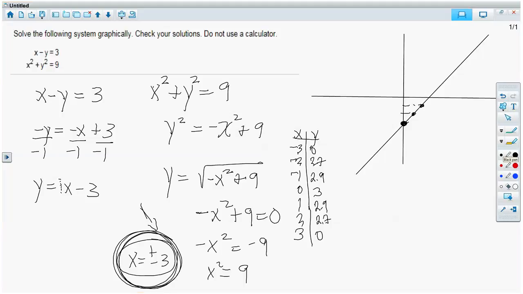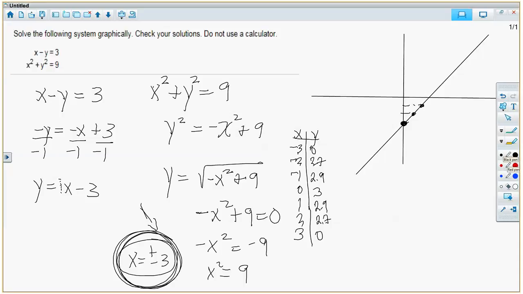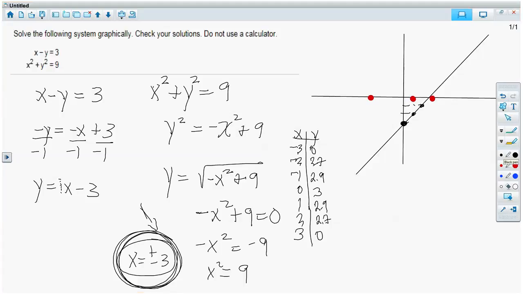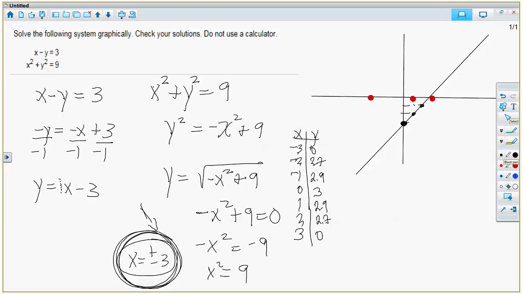And I'll do this in red. We've got -3 and 0, -3, 1, 2, 3. And +3, 1, 2, 3, sorry, somewhere in there. Let me get rid of that, it's just messing us up. And of course, it's not going to work, so I've got to delete all of them.